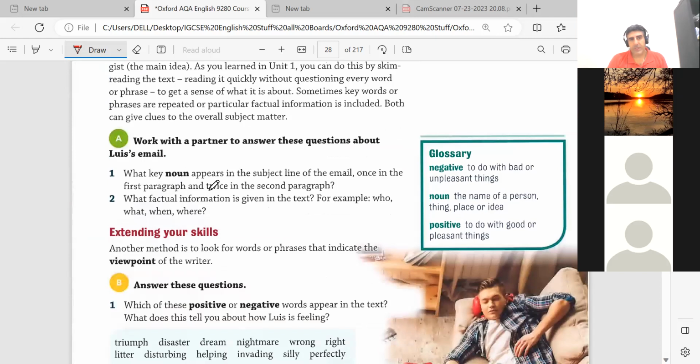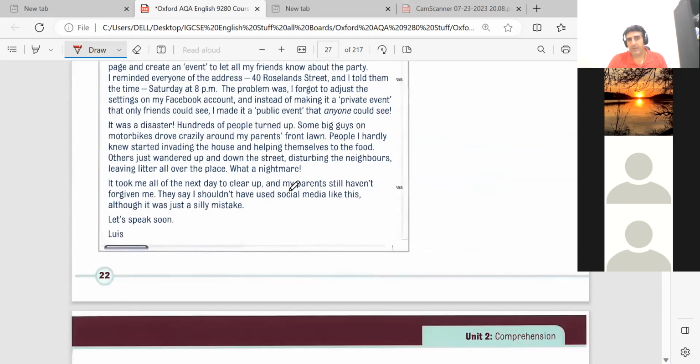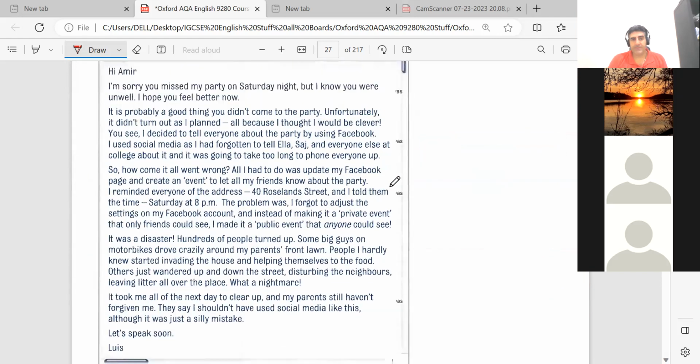What's the key noun that appears in the subject line of the email, and what factual information is given in the text? For example, who, what, when, and where. You have 2 minutes to skim the email.